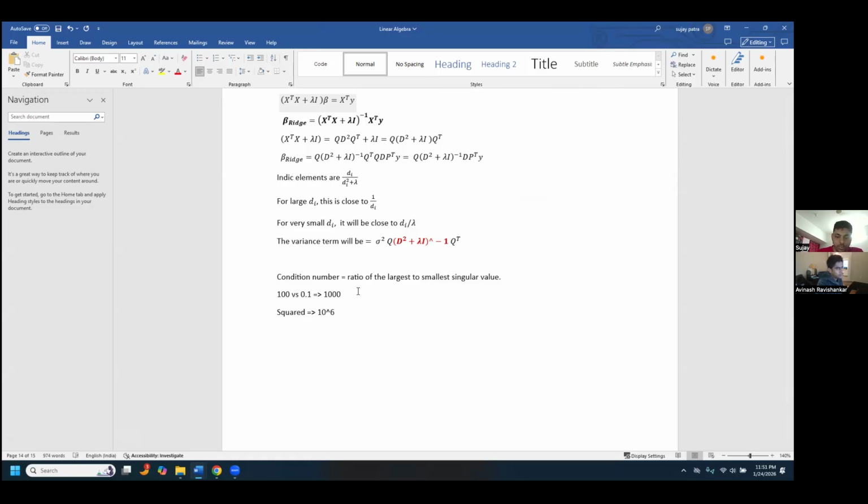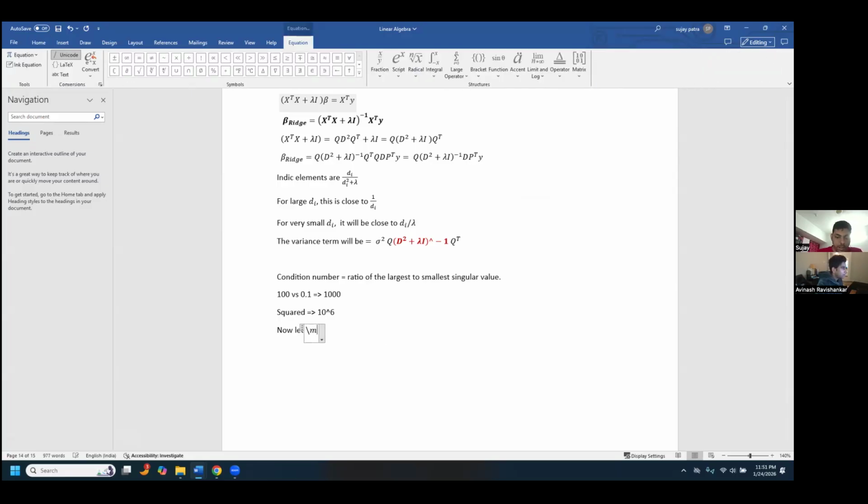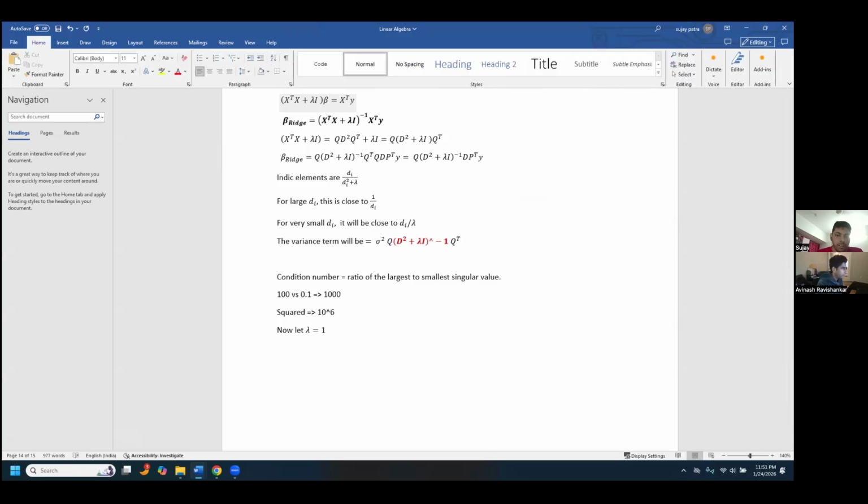Now let lambda be 1. I'm just choosing some number. So 100 square will become 100 square plus 1, divided by 0.1 square plus 1.